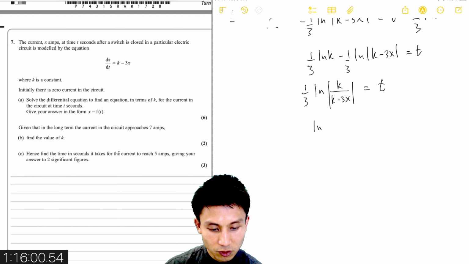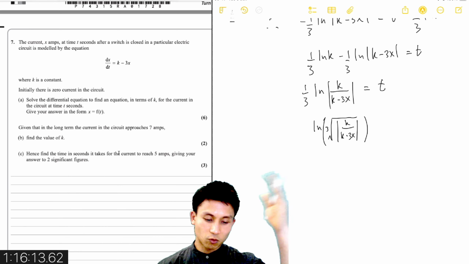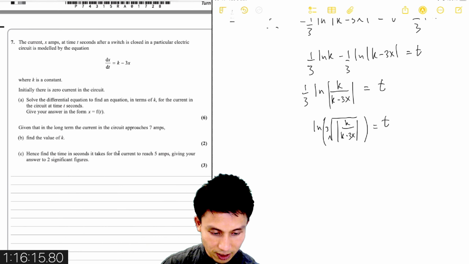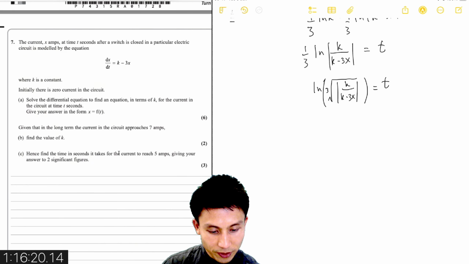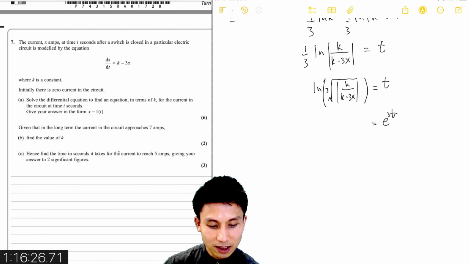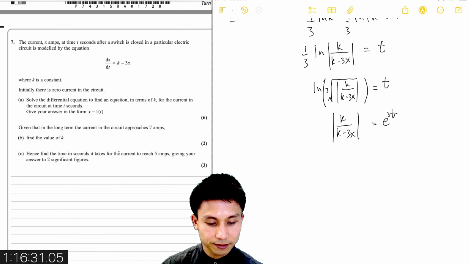So I'm going to have a cube root of a positive value, ln of that, because I put 1 over 3 to be the power of that, and then I'm going to do e to the t. So I move ln to the other side, I have e to the t on this side. And if I do power 3 on both sides, I get e to the 3t, and that can just be this. Right?